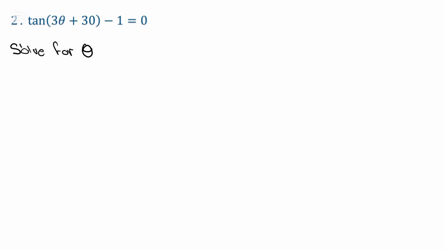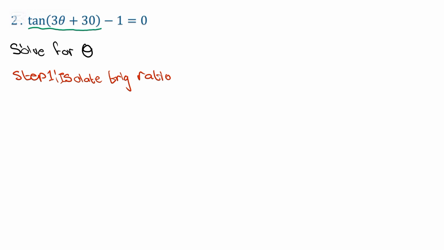Remember, you must start with your step 1. In step 1, we said you must isolate your trig ratio. So you just have to identify your trig ratio, then isolate it. When you go to your question, you'll discover that your trig ratio is tan(3 theta plus 30).